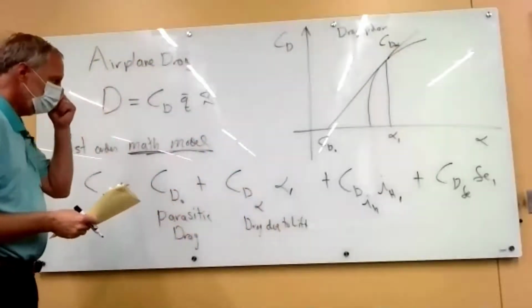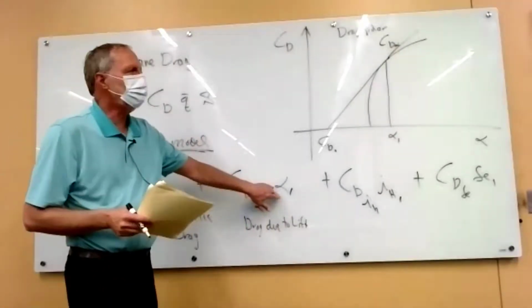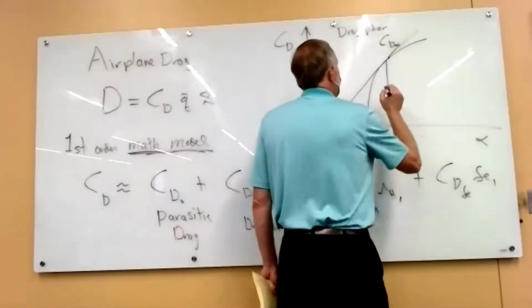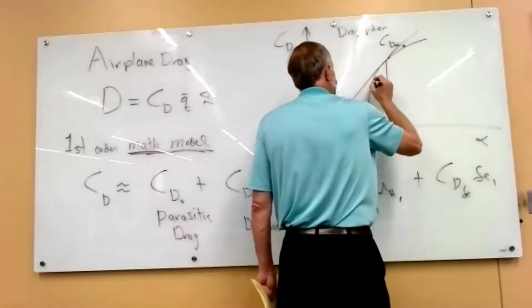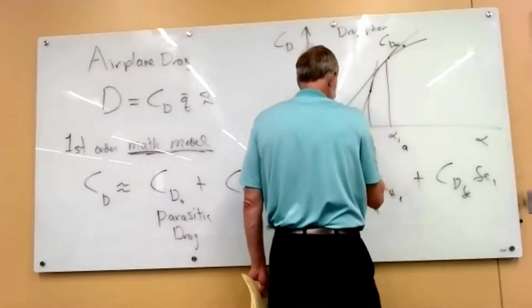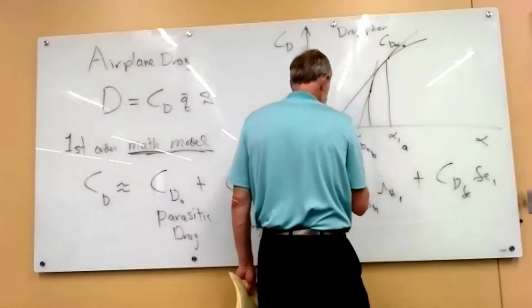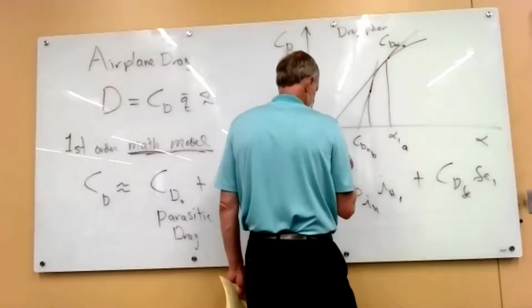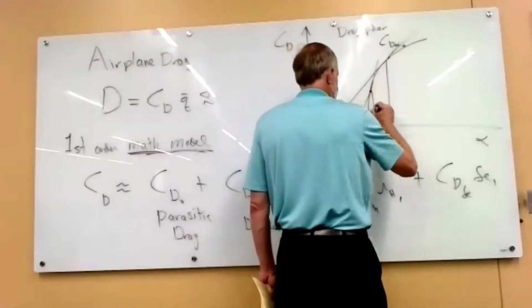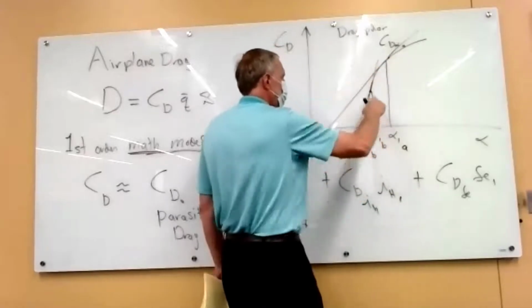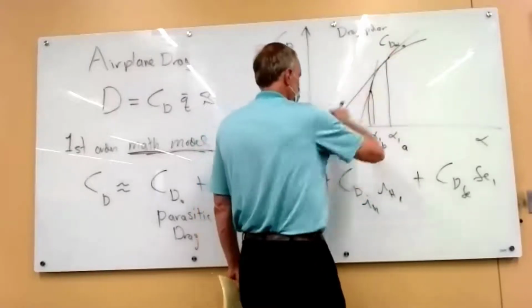So if we are at a different steady state angle of attack, we have a different model. So maybe we call this alpha 1A, and then if we're at a different point on the polar, this is alpha 1B, we have a different slope and a different intercept.